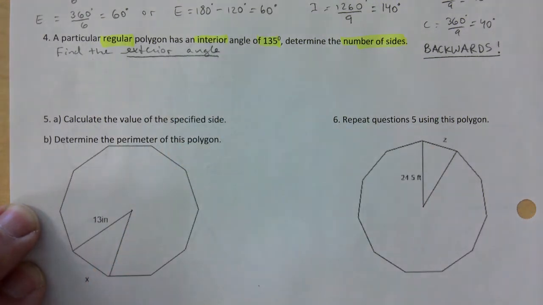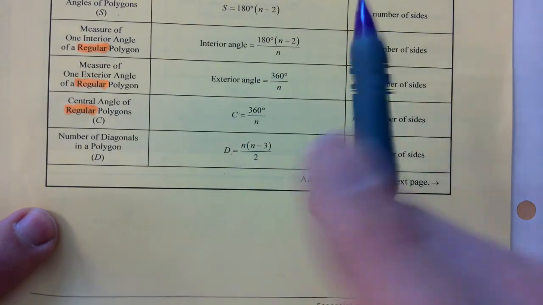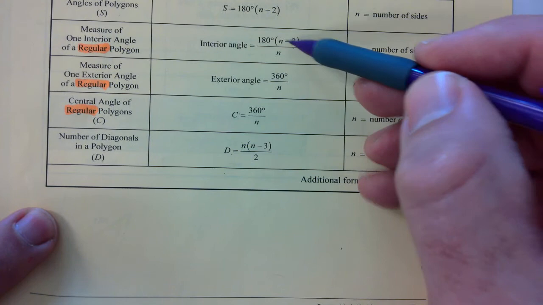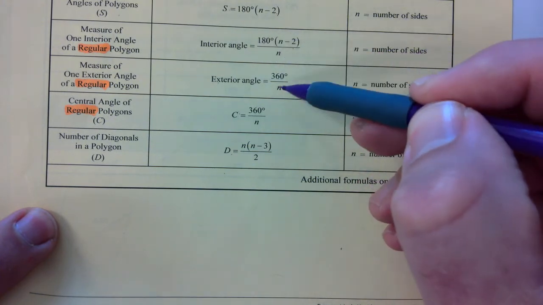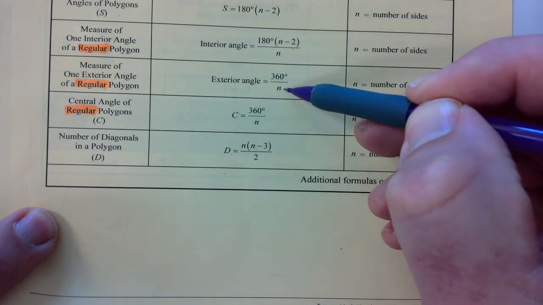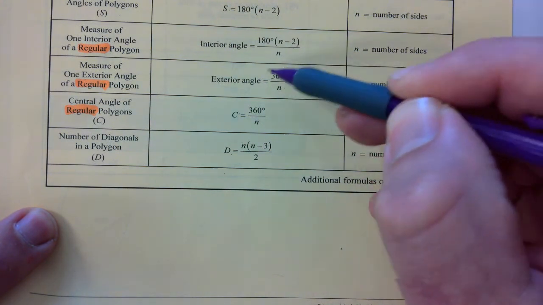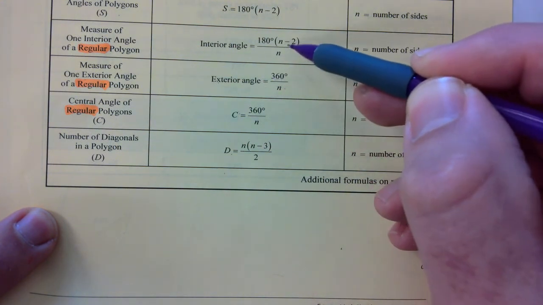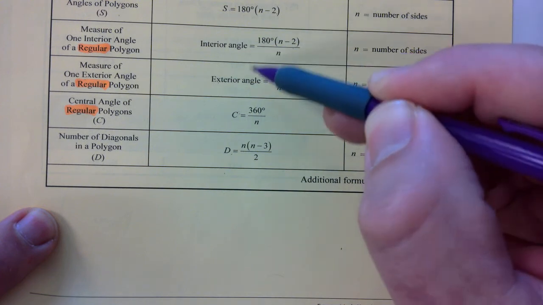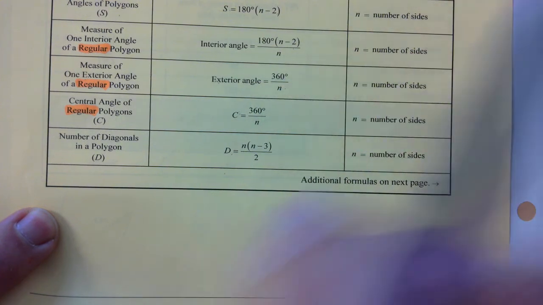I'll show you the formulas one more time before I continue. This is the formula for interior angle. This is the formula for exterior angle. And you can tell right away that this one is going to be a lot easier to work with than this one. So I'm going to find the exterior, then use this to solve.